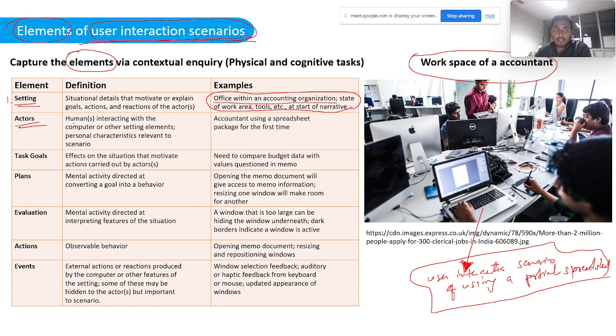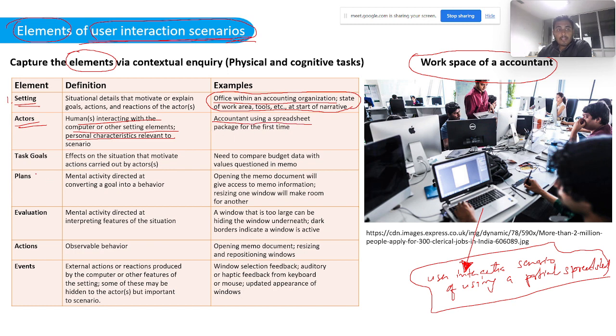So here we try to gather information about humans interacting with computers and other elements, other settings, and also their personal characteristics, their demographic information. In this particular case, we are talking about an accountant who is using a spreadsheet.